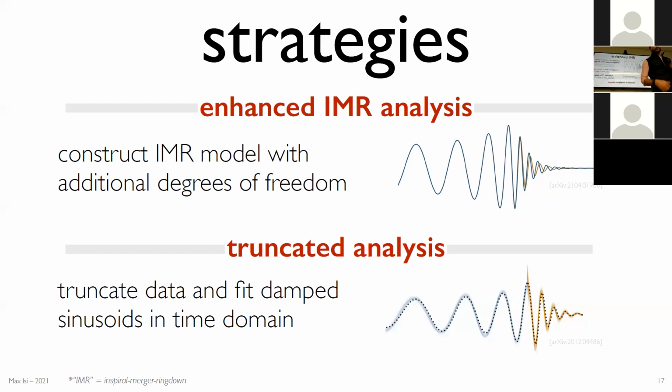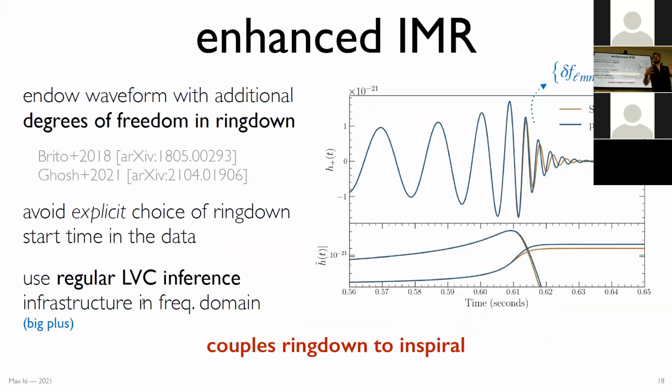So the first strategy has the advantage that it's actually very straightforward to implement. It happens to be easier to fit into the usual framework of LIGO data analysis, and so it's easier to actually do, but it has a disadvantage that by construction, you're coupling your ringdown measurement to everything that came before it. And so you're susceptible to systematics in the attachment of the ringdown to the merger or possible deviations.